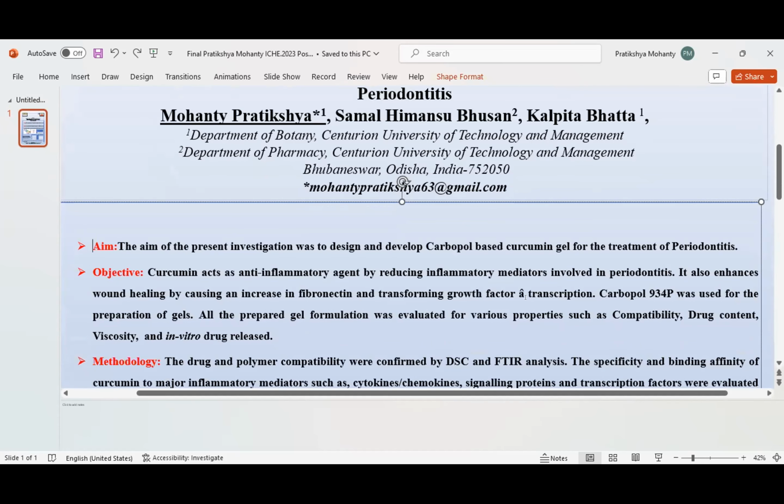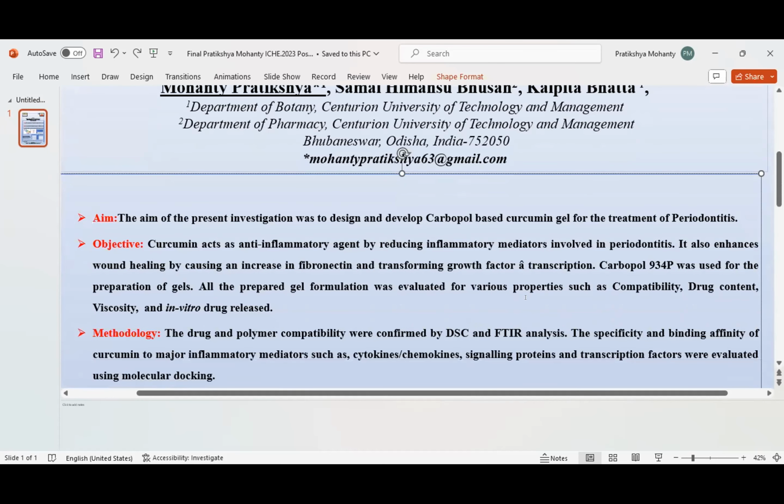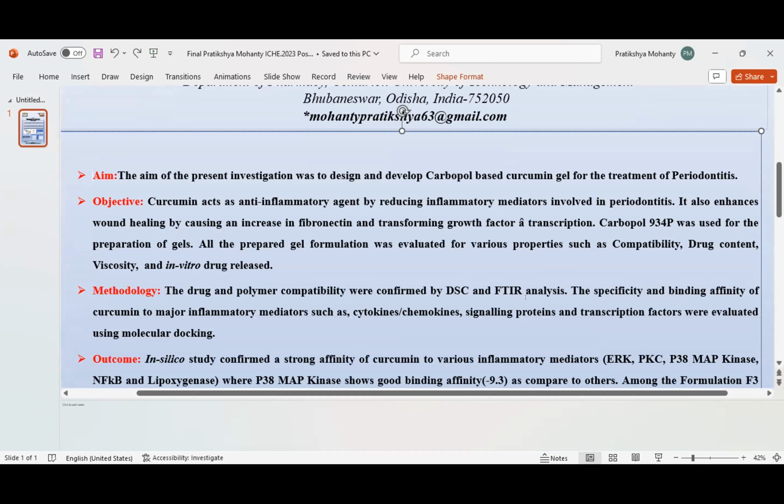Here I use the gel formulation, evaluating various properties such as compactability, drug content, viscosity, and in vitro drug release. These are the formulations I am using in this experiment, ma'am. Further, I use the methodology DSC and FTIR analysis.